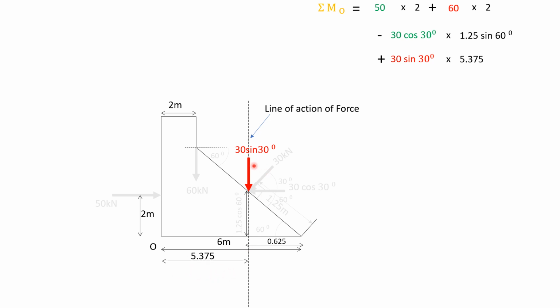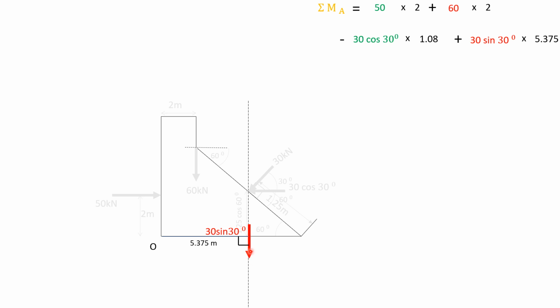This force component will have perpendicular distance of 5.375 meters from point O, and it will rotate about point O like this. So 30 sin 30 into 5.375 meters, clockwise, so positive.